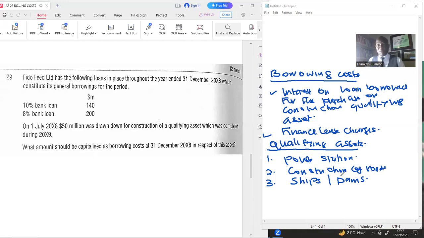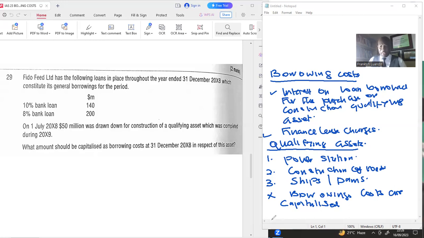To be capitalized simply means they are part of the asset. Now, most students have challenges here.